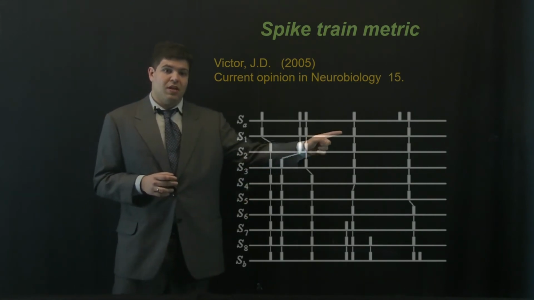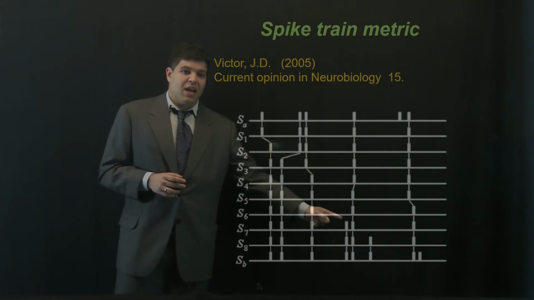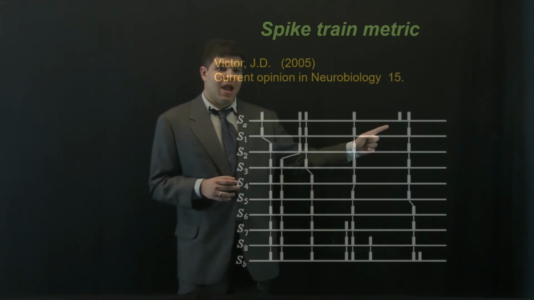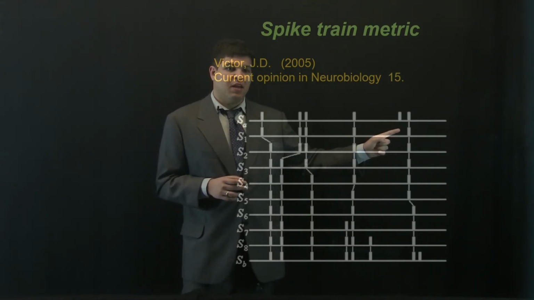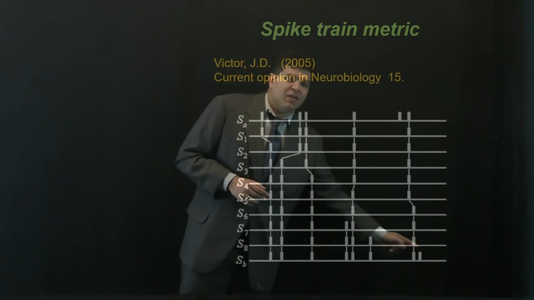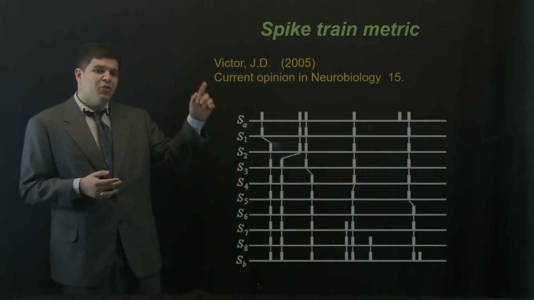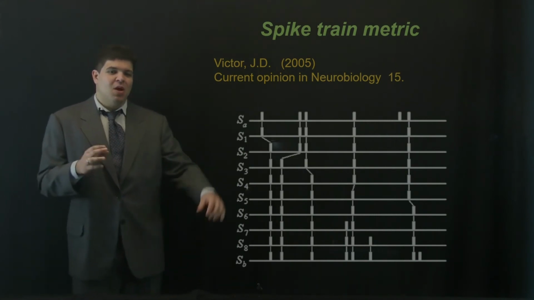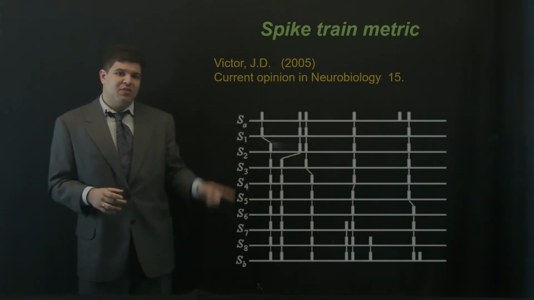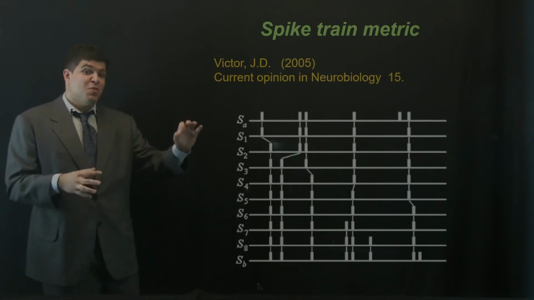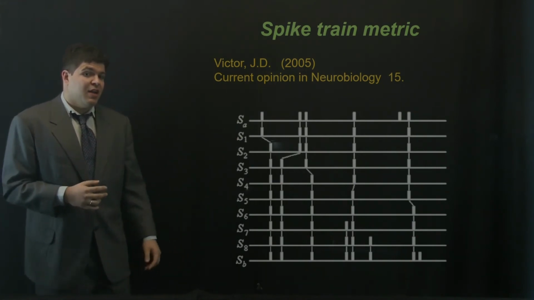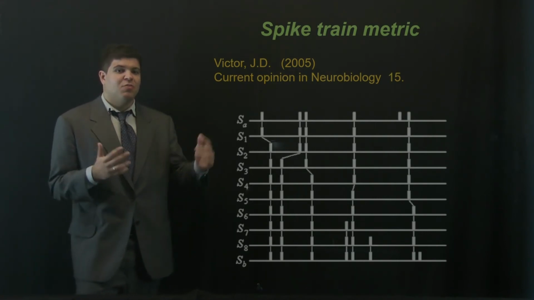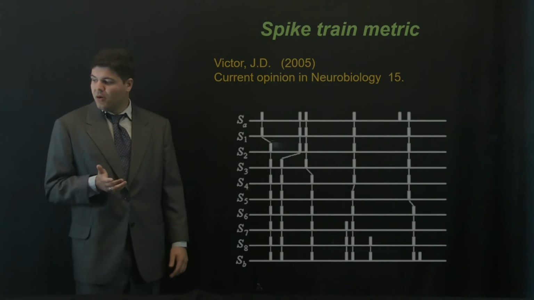Notice that right here we had to create a spike, okay? And here we had to delete a spike. And here we had to create another spike as well, okay? I like to think of this a little bit like a Hanoi Tower problem, which is: how do you transform this into this with the minimum amount of moves, and that minimal amount of moves is the distance between the two spike trains, okay?